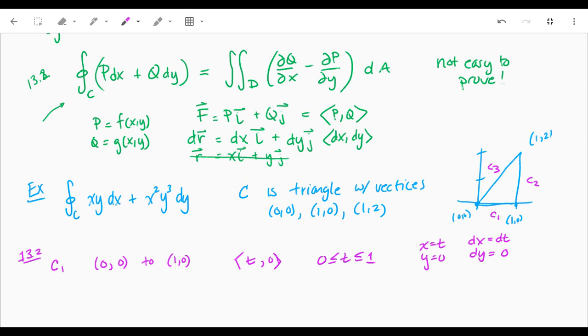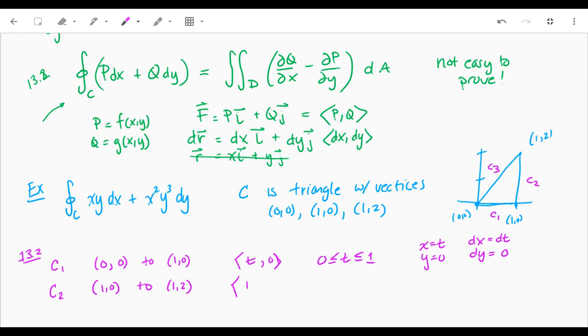And then C2, we're going to go from (1, 0) to (1, 2). Sorry, 1 to 1 is just going to be 1.